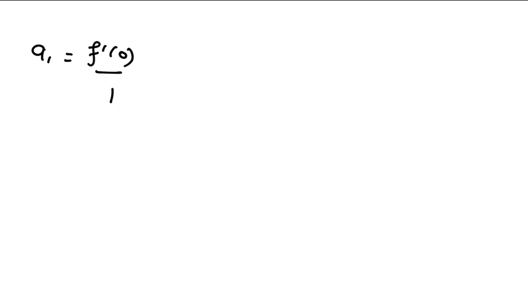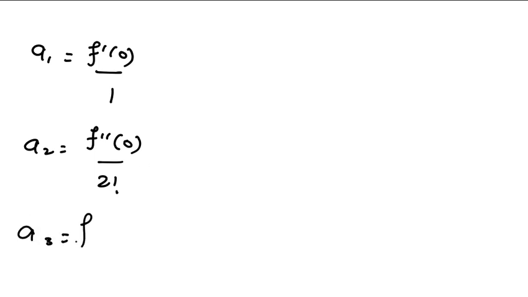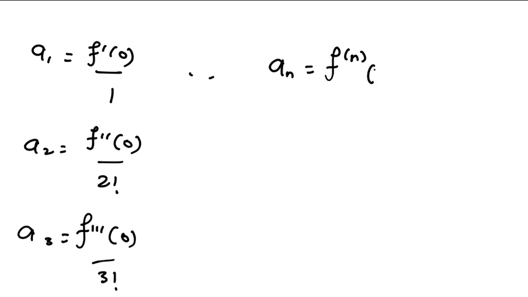Now I can have a2 equals f double prime 0 over 2 factorial, and a3 equals f triple prime 0 over 3 factorial, and so on, until an equals the nth derivative at 0 over n factorial.